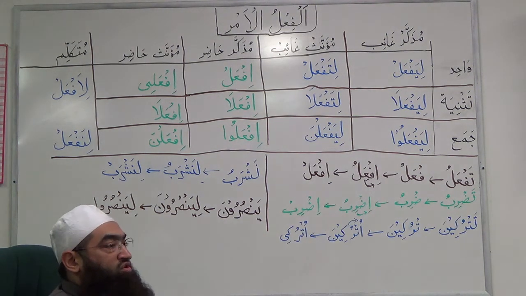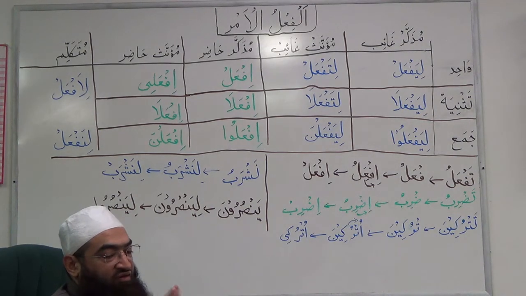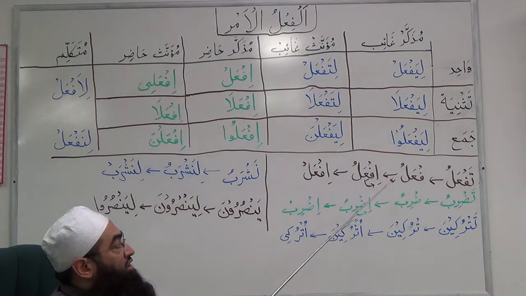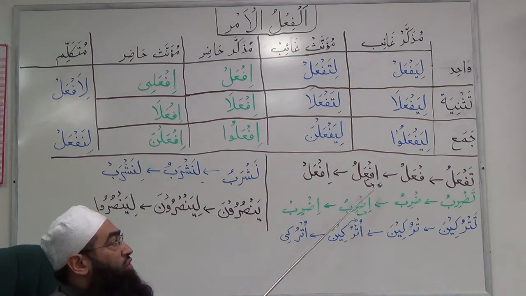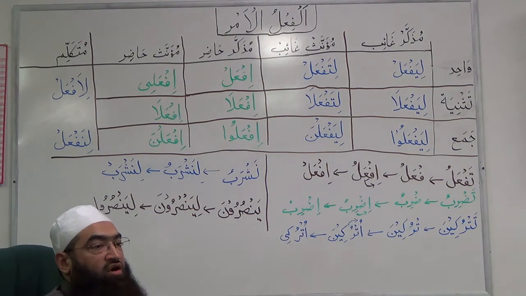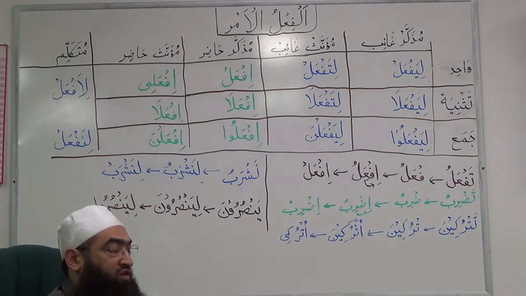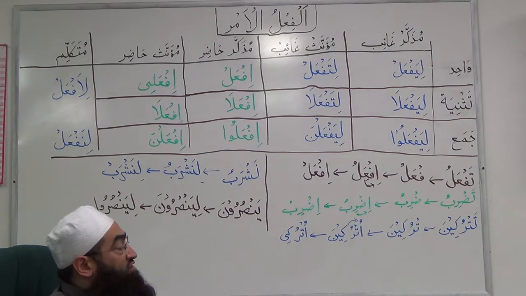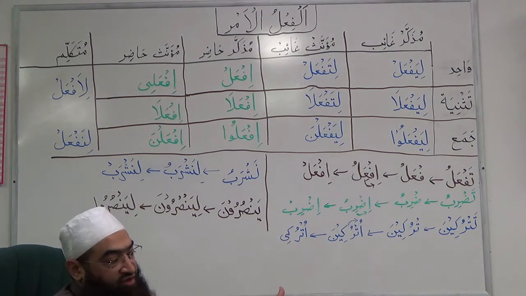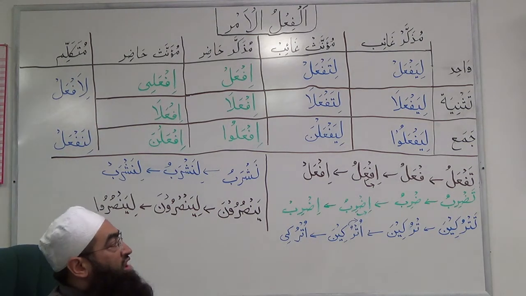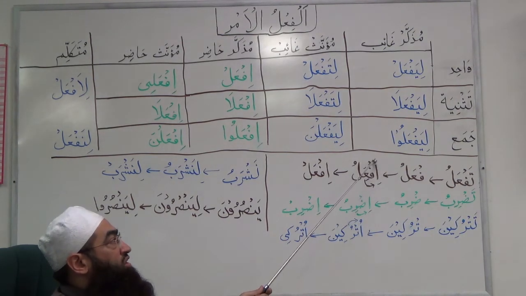Now always remember that this al-fi'l al-amr, in what we have learned so far, would only start with a kasra or a dhamma. It will never start with a fatha. If it starts with the fatha, then it resembles some other words. So we don't want any resemblance, we don't want any confusion. So it's either going to be a kasra here or a dhamma here.